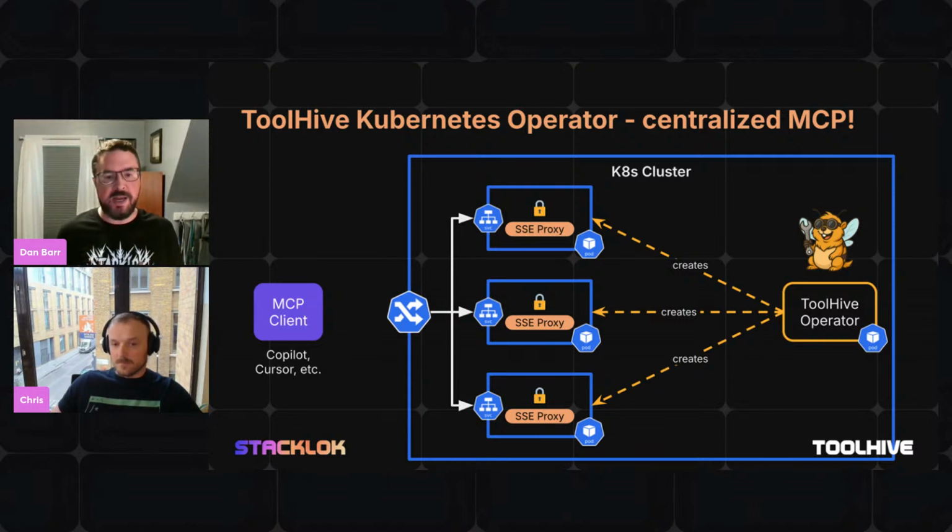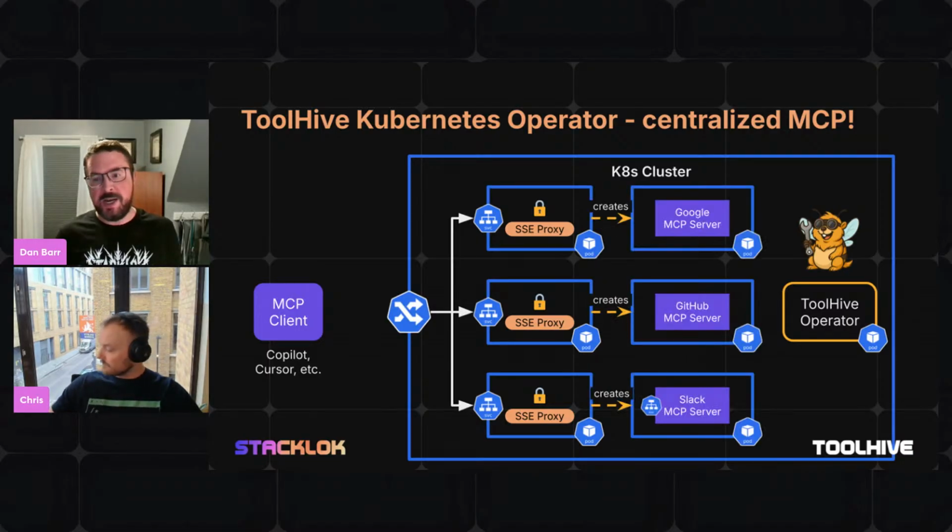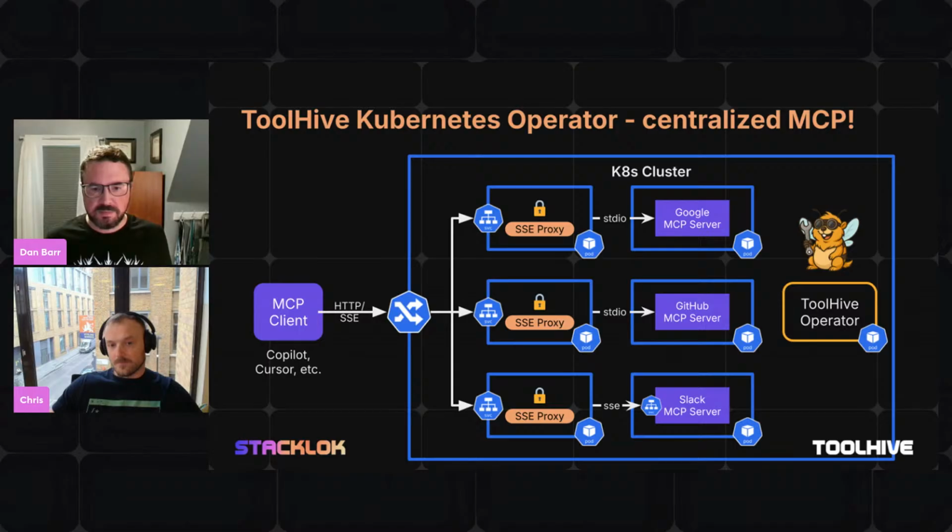It's kind of a proxy and runner all in one for the MCP server. And then the proxy actually creates a separate pod completely isolated from the rest of the cluster containing the actual MCP server that you specified. And then once that's all created, we can wire up that communication path from your MCP client through your existing Kubernetes ingress mechanisms that wires up that connection all the way through to the MCP server.